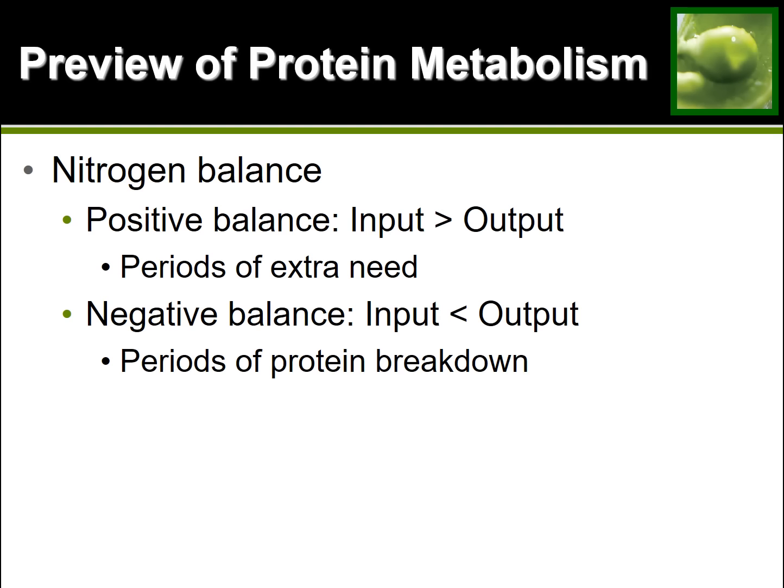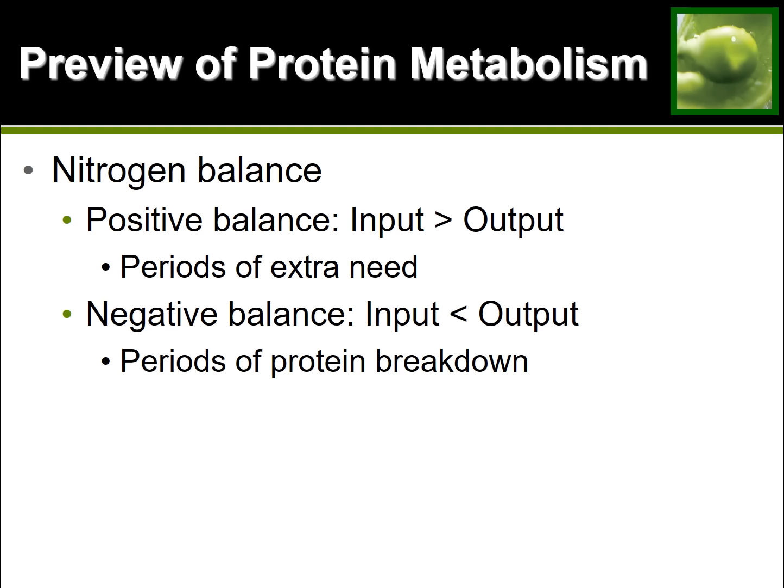Another example is if we have a pregnant woman. A pregnant woman is going to use up that protein for her own needs and then for the child's needs as well. And so she'll be putting a bunch of protein into her body, but her body's not going to release it. It's going to go ahead and use it for its needs.